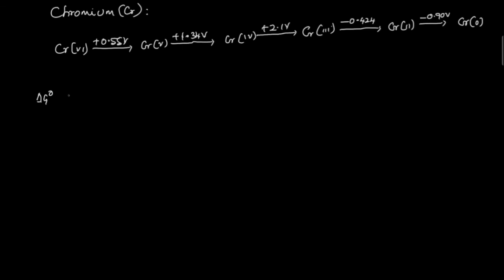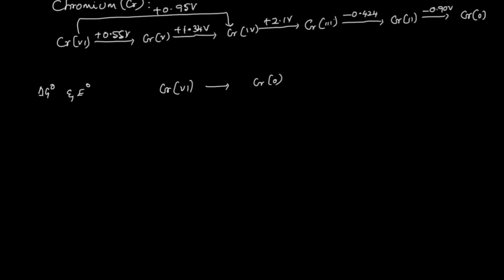And you can calculate the value of delta G naught and E naught for the conversion of chromium 6 to chromium 0 by using this equation. You have to calculate this. This is a homework problem for you. And the calculated non-adjacent species E naught values are: chromium 6 to 4, here you will have plus 0.95 volt.